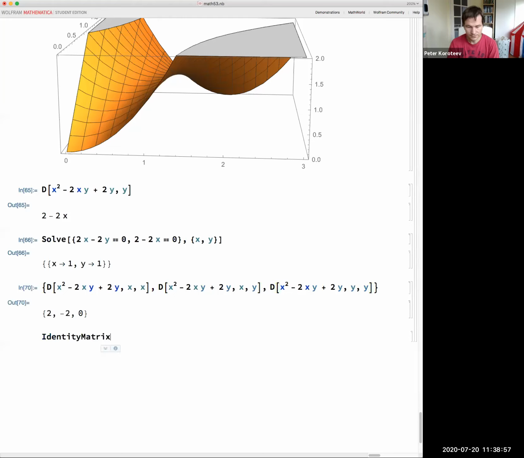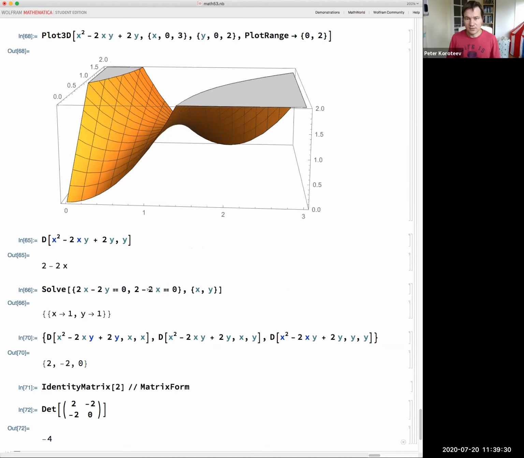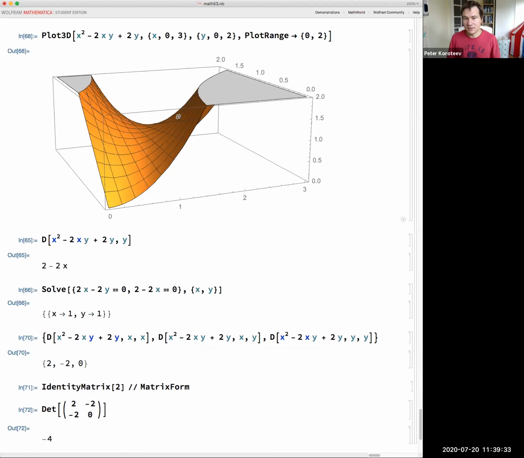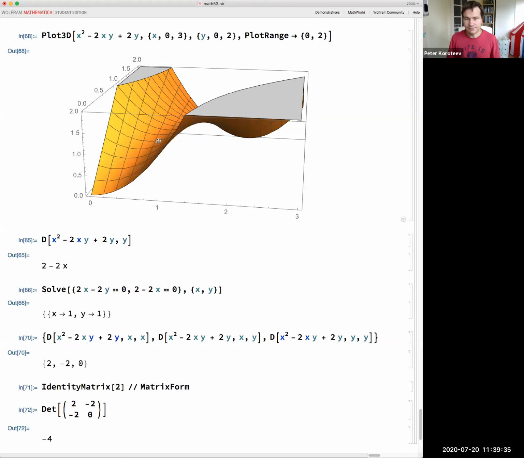So the matrix would look like 2, 0, minus 2, minus 2. Right, its determinant is equal to -4, right? So it's always negative. Therefore, there's no chance that we're going to get a local maximum, right? And as you can see here, there's a saddle, right? So yeah, it's not surprising.